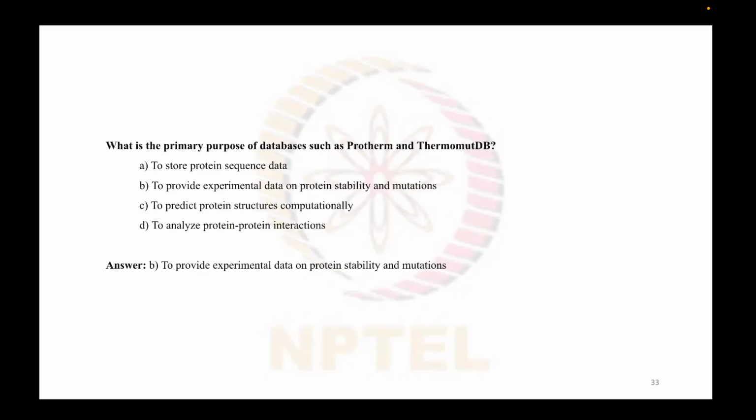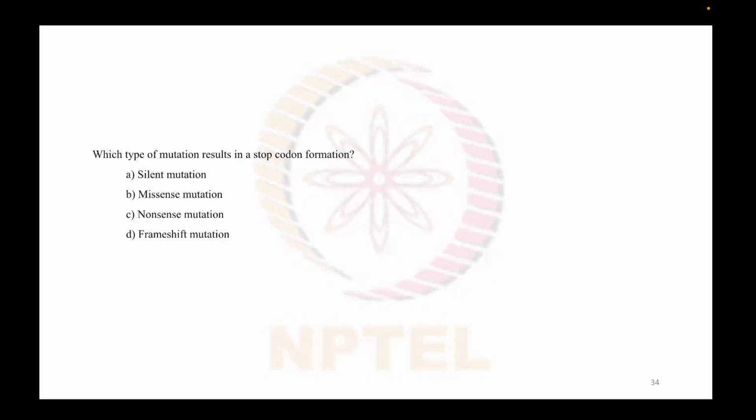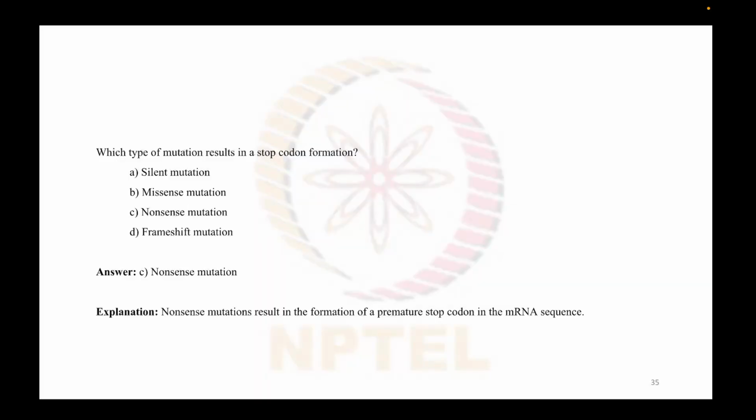So mostly these experimental databases are for information sharing, which provides the experimental data that is available on protein stability and mutants. So which type of mutation results in stop codon formation? We have done this already. It's a nonsense mutation which results in the formation of a premature stop codon in the mRNA sequence.